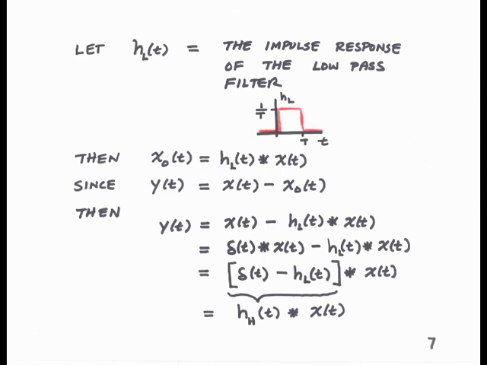So delta of t minus h sub l of t is a high-pass filter's impulse response. We'll denote the impulse response of the high-pass filter as h sub h. And so h sub h is delta of t minus h sub l. The output y of t then is h sub h convolved with the input x of t. And this acts to be a high-pass filter, removing the low-frequency content from x of t.